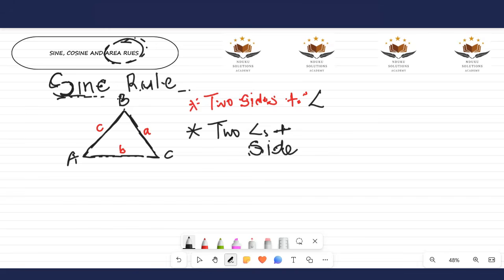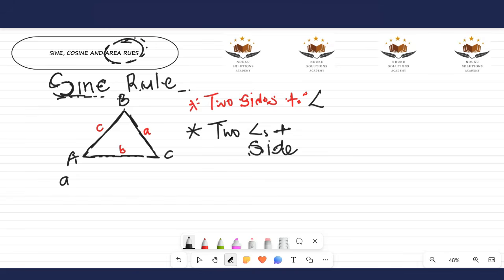Good. So these are the conditions for the sine rule. Remember, we said we must be given two sides plus an angle, and this angle must not be an included angle. Are we okay? So we can say, if you are looking for a side, you put the sides on top.